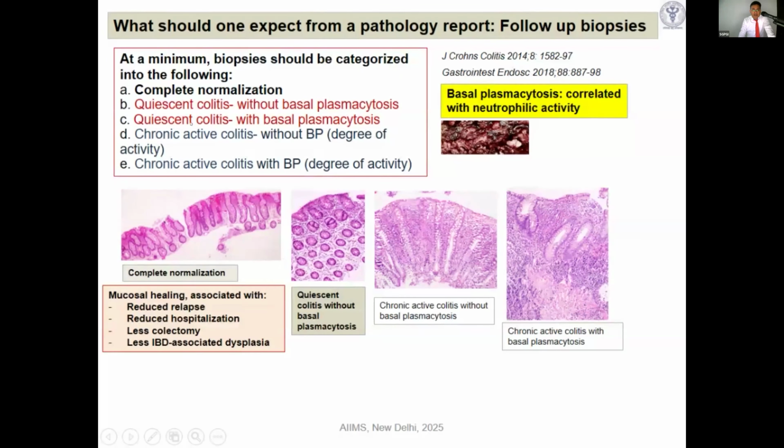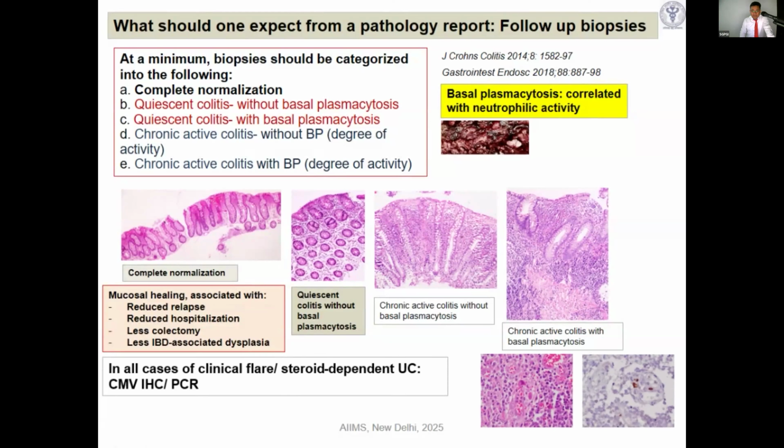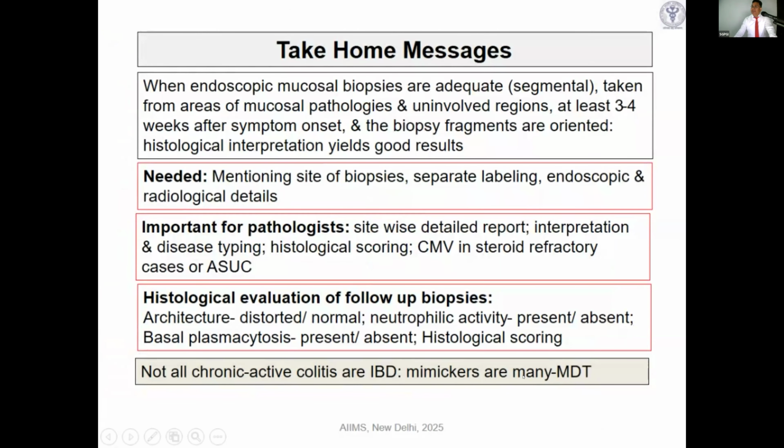On the other hand, in a patient with quiescent colitis who doesn't have basal plasmacytosis, further complication or hospitalization is expected to be low. And in all cases of clinical flare and steroid-dependent UC, we have to always do CMV IHC. Histology alone is not enough, or PCR if the facilities are there.